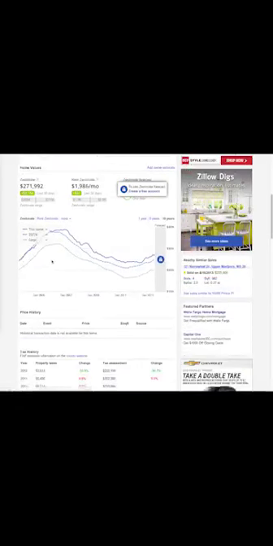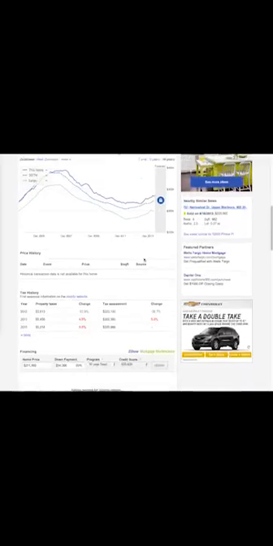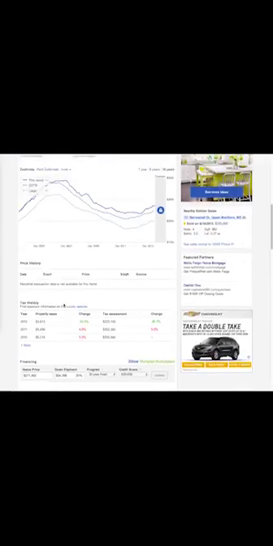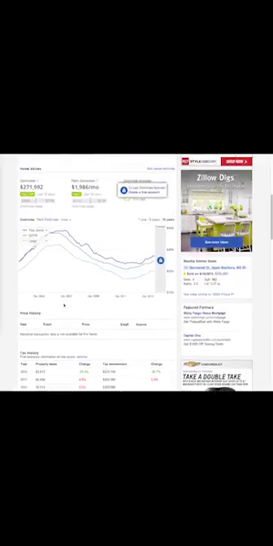You can see generally where the market has been going over the past few years. And you can also get an idea of what the property taxes on this house are if you were to hold on to the home after you rehabbed it. So this just gives you a lot of information all at once, all at your fingertips.